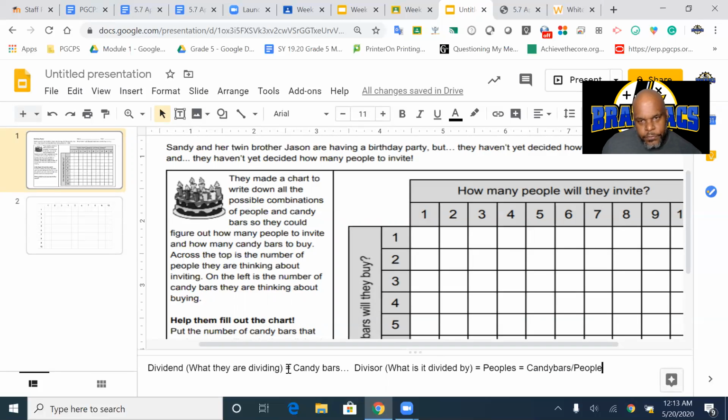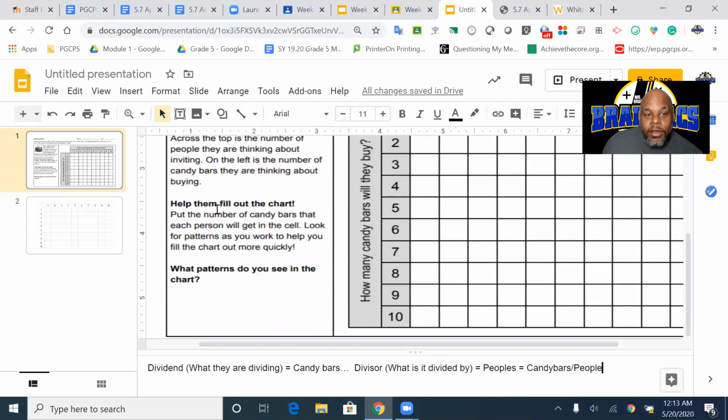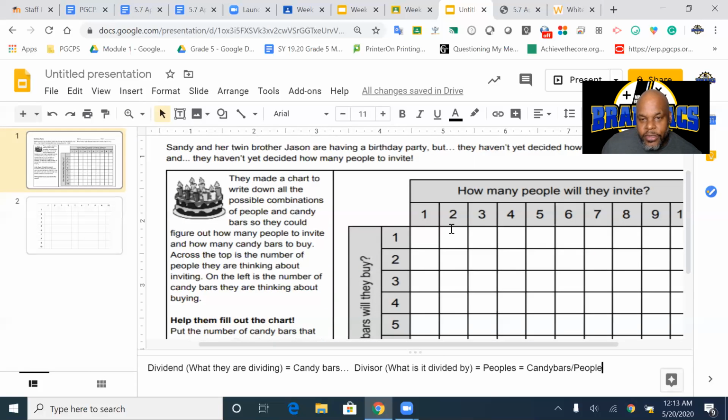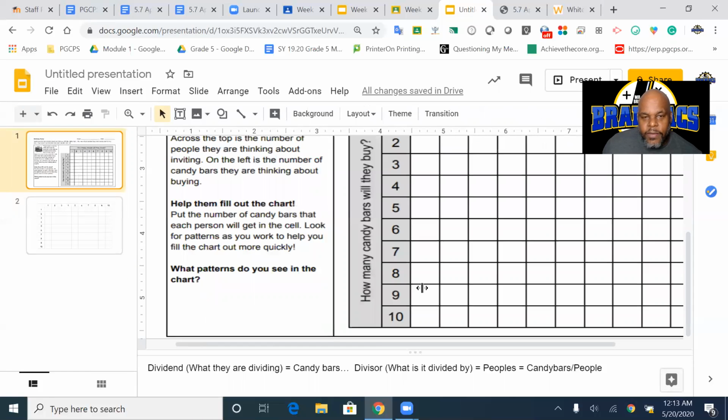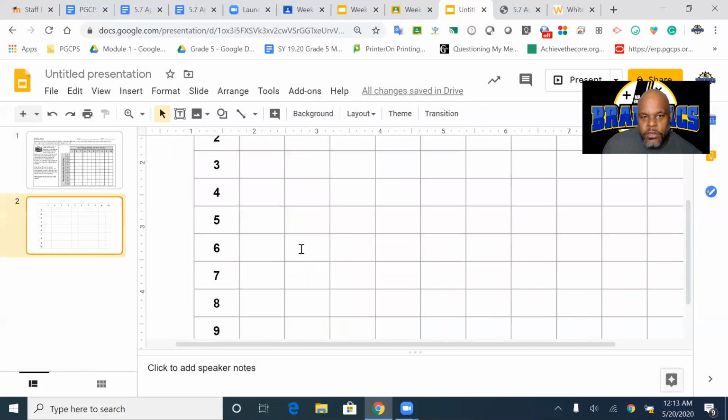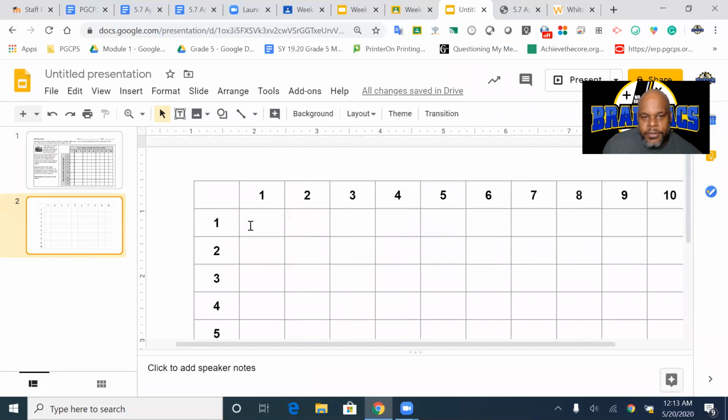So to make it easier, because we were unable to type in this, I built this. So let's begin at the beginning. It said if they invited, what did they say?